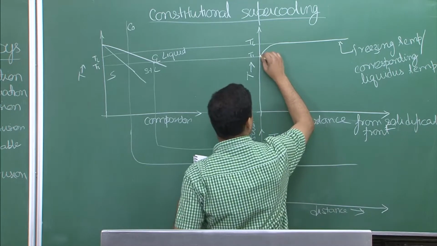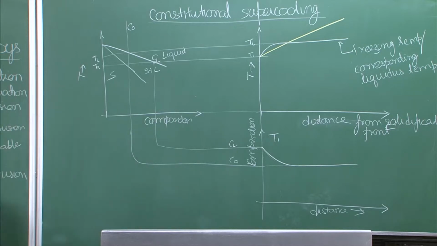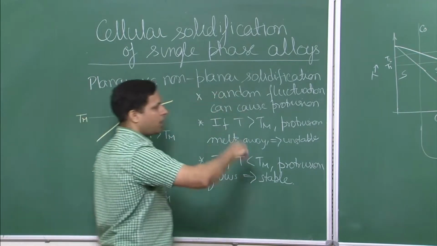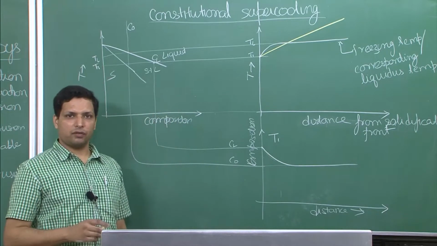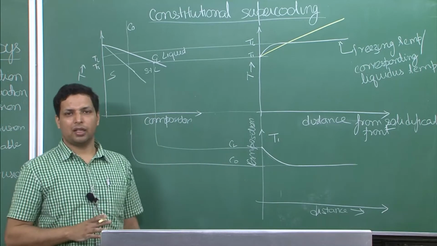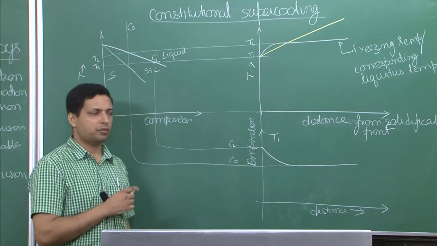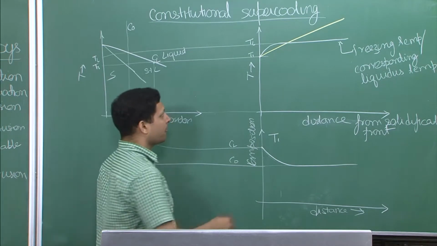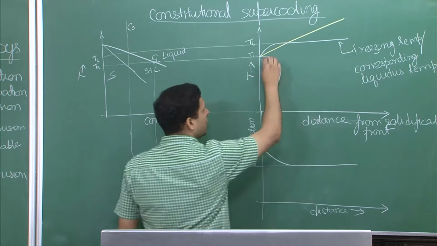So let us say this is the actual thermal gradient, something like this what we were talking about over here. Still we have a positive thermal gradient over there, something like this, and we have a positive thermal gradient over here. But now this positive thermal gradient has a different overall effect in the liquid in this particular case, just because the composition is changing. Because the composition is changing along with the distance, the liquidus temperature is changing.